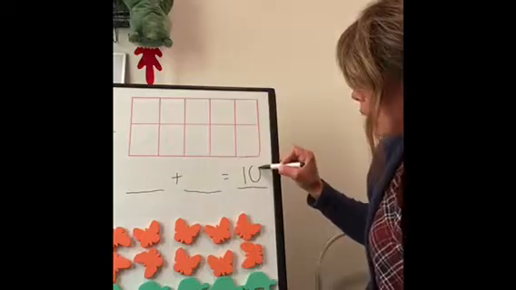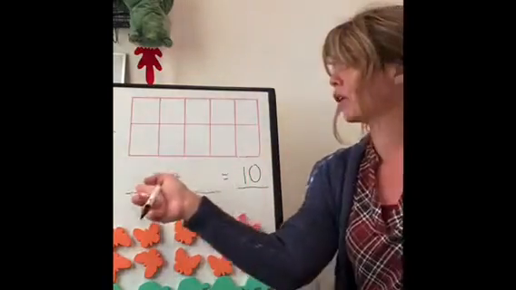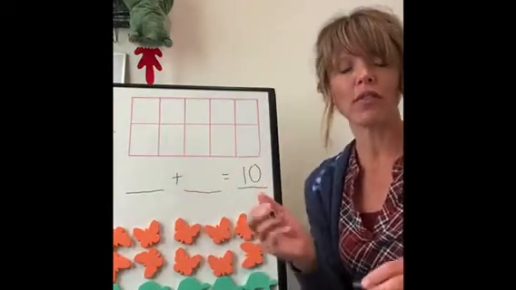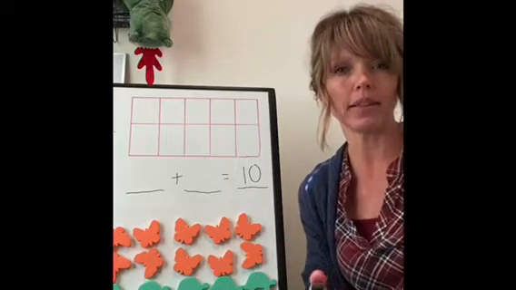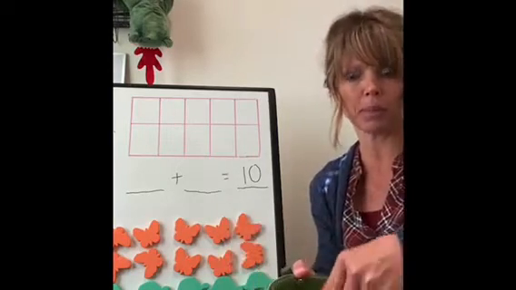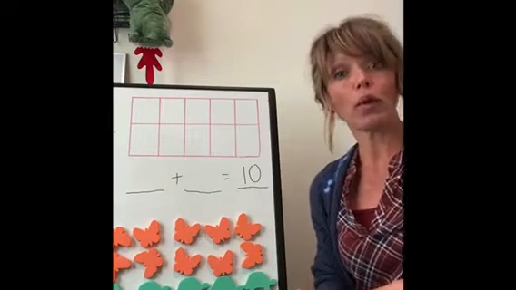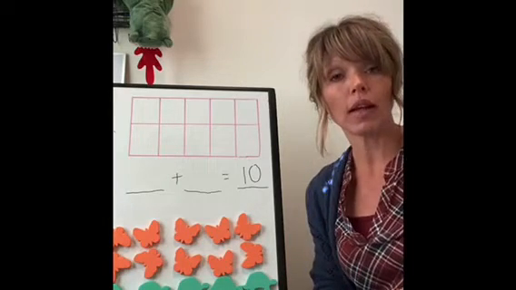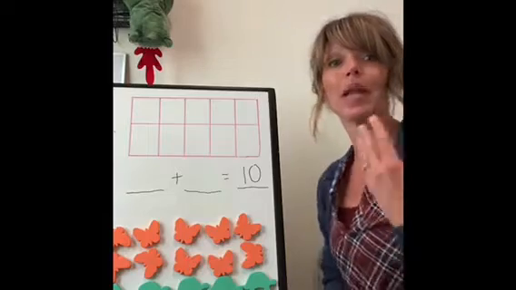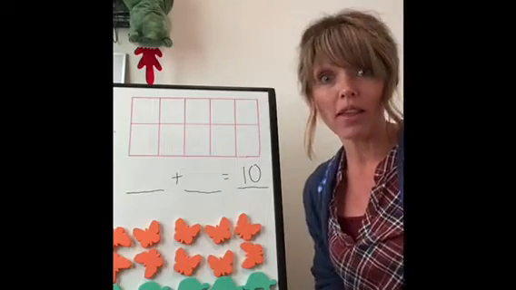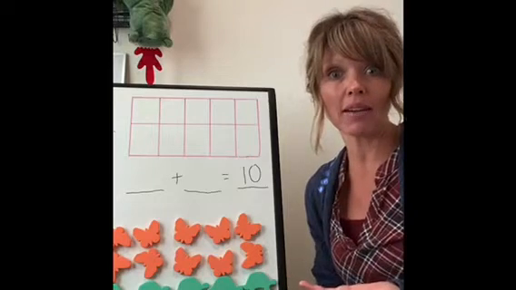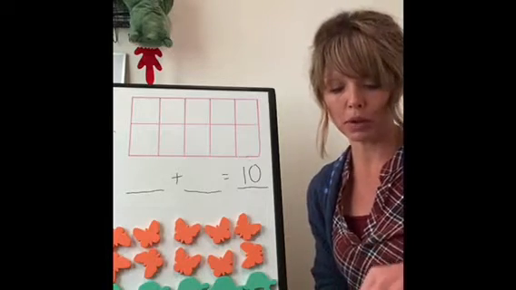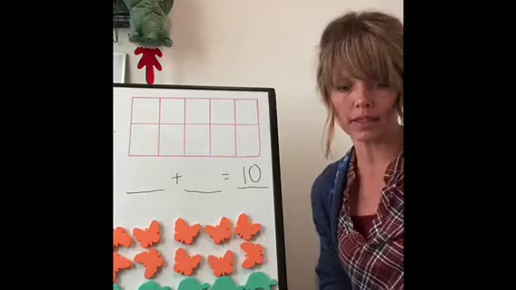So every time it's going to equal 10, and I'm going to show you how you can use your 10 frame to figure out how many more you need to make 10, and we're going to be playing a little game. So in my bowl I have a bunch of numbers on cards. What I'm going to do is pull out a card, and that's going to be the number that we start with. And then we're going to think about how many more we need to make 10 after we have that number. So let me just show you one to get started, okay?